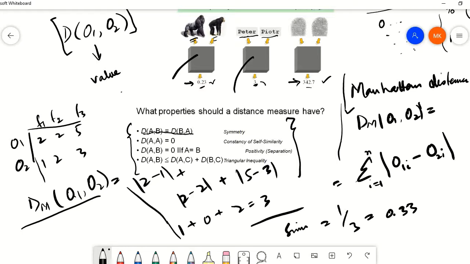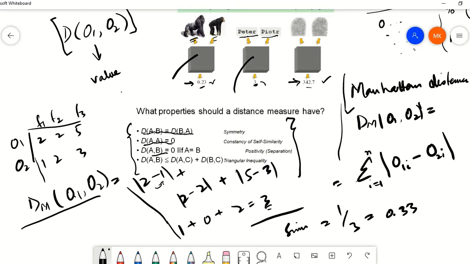So even if we interchange the positions of these two objects and we convert it into the distance between O2 and O1, the value is going to be the same, because once we take the mod, 5 minus 3 or 3 minus 5 becomes the same. The second rule is the distance between an object with itself must always be 0. So again, it makes sense, and even if we apply this rule to Manhattan, we are going to get 0 as distance for the object O1 or O2 with itself.